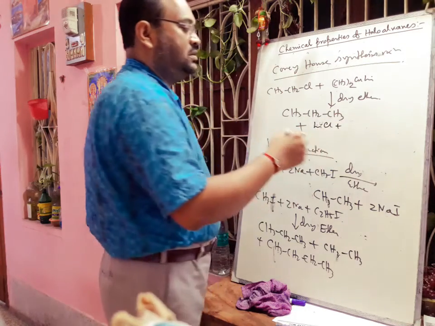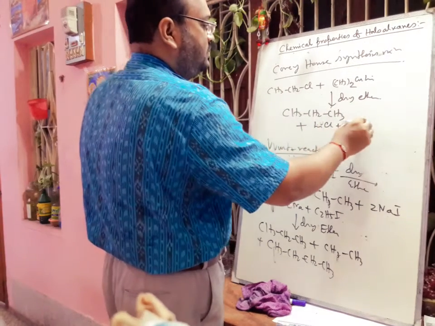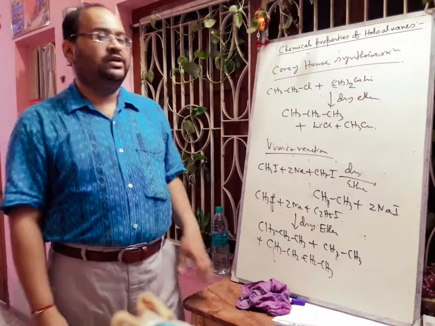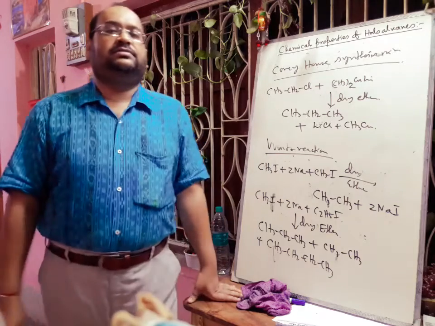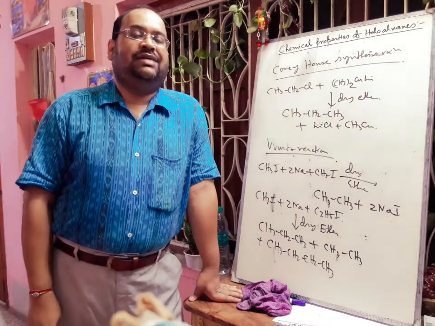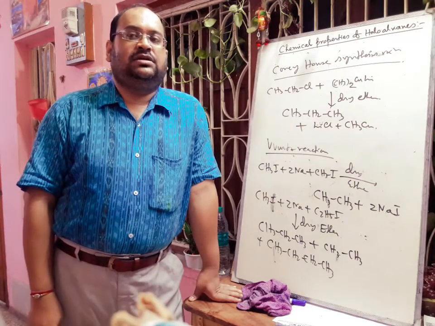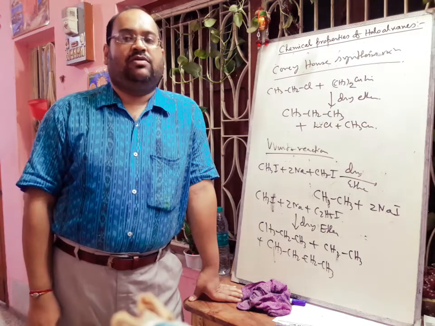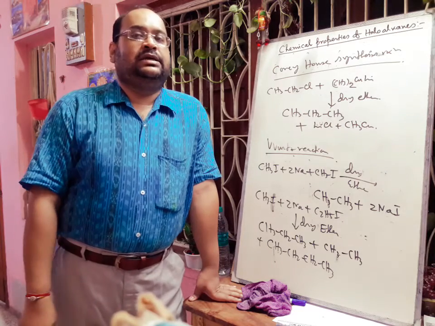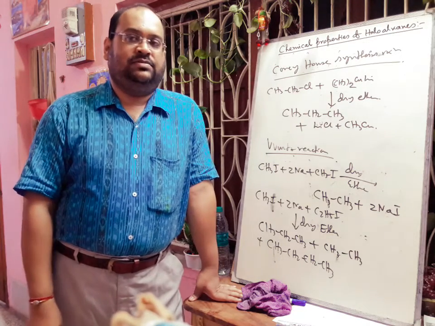So in this way we can prepare alkanes having an odd number of carbons. Otherwise, if we try the Wurtz reaction, we will get a mixture of compounds. So these are the reactions of alkyl halides with metals.